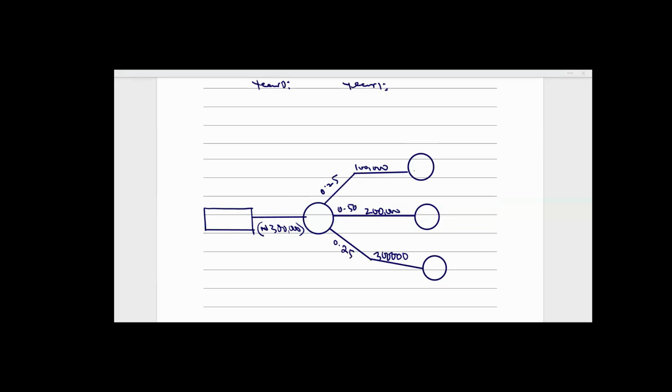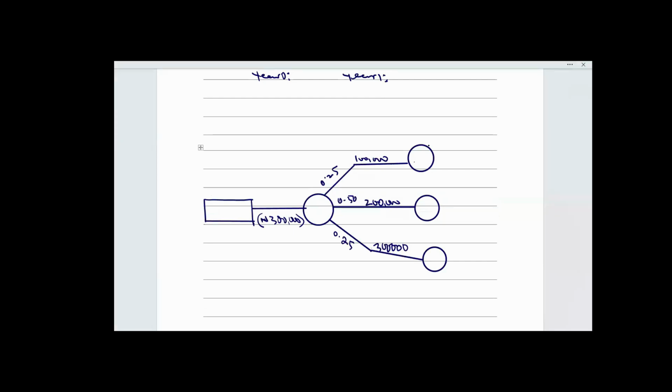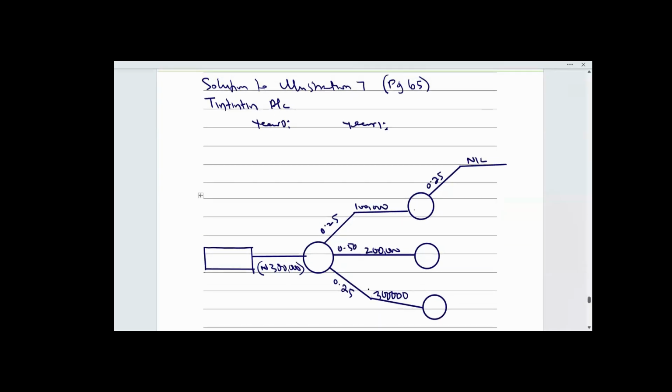Year two. Cash flow of year one is 100,000. So we are told that there's a probability of 0.25 that cash flow in year two will be equal to nil. So here will be nil. This is year two.